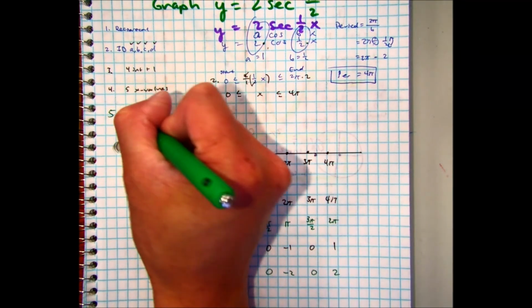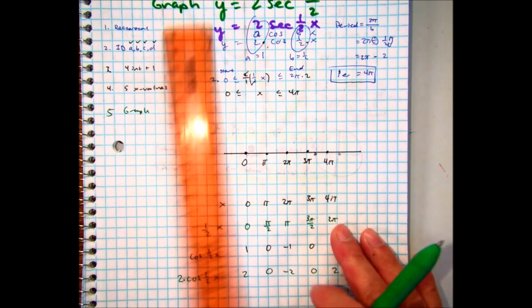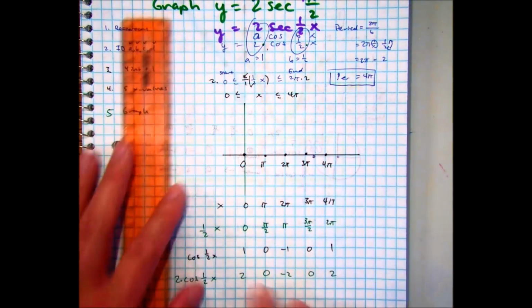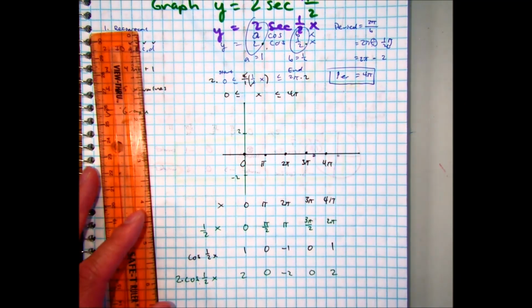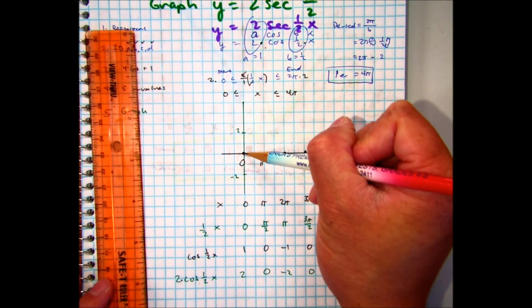Let's graph it. Let's use pencil. So I have my y-axis at 0. I have 2 and -2. Maritza, at 0, what do I have?